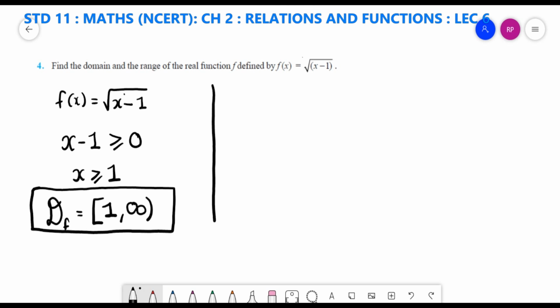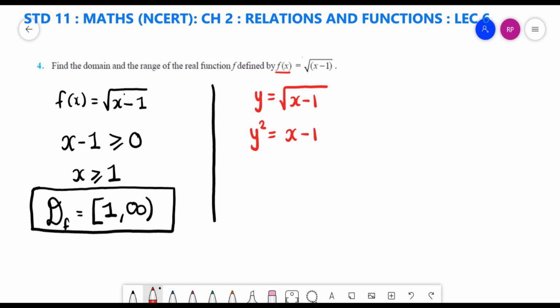Now see, whenever you need to find out the range, take this f(x) as y. Then find out which value of y you can get such that you take x greater than or equal to 1. Now say y is equal to square root of x minus 1. So taking square on both sides, y square will be equal to x minus 1.